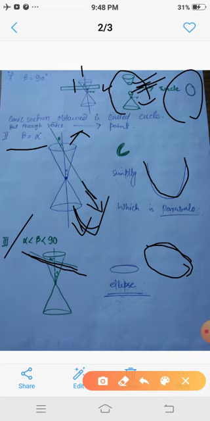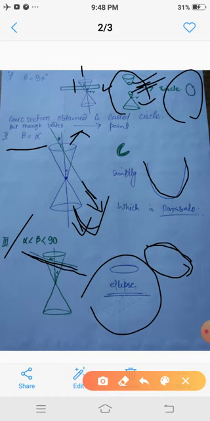This is not circular, but elliptical in nature. So in this way an ellipse is formed. The ellipse is the conic section obtained when the angle between the plane and the axis of the cone is greater than alpha and both are less than 90.